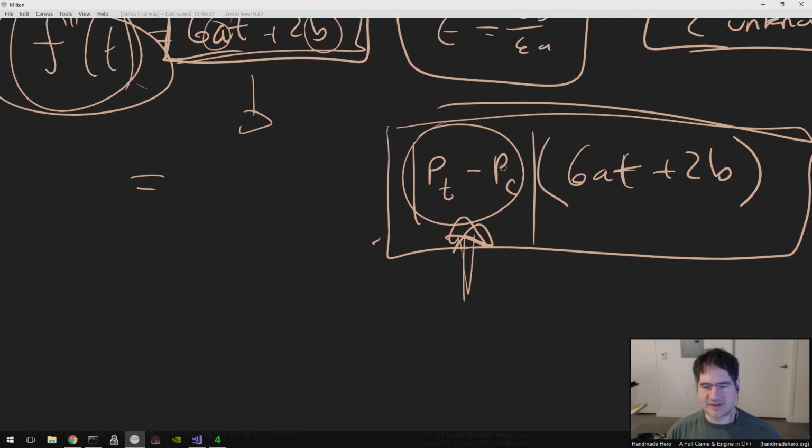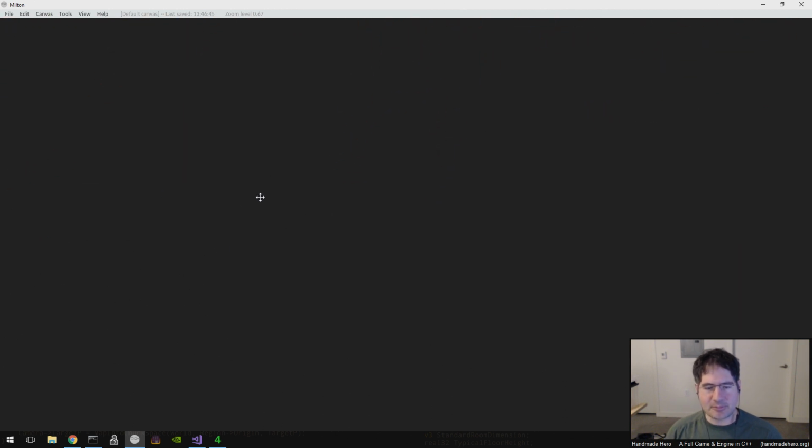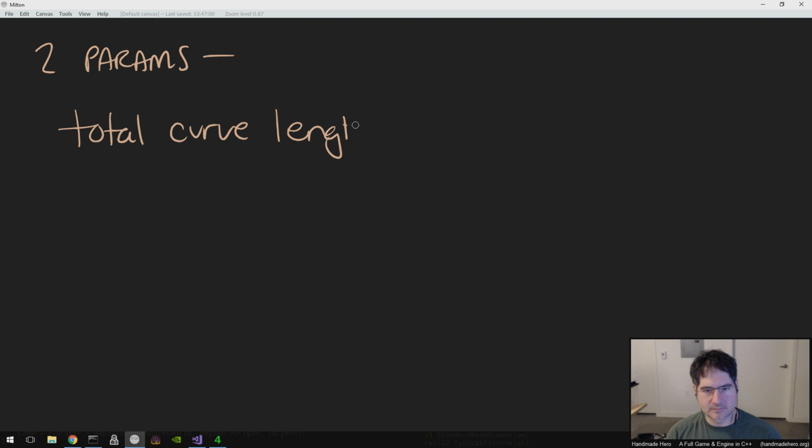Now, the reason we don't know what the distance is, is because the whole thing we're talking about here is to solve for what the curve would have been. So if we were to parameterize this on two things, the total length of the curve, right? And then the t along the curve.